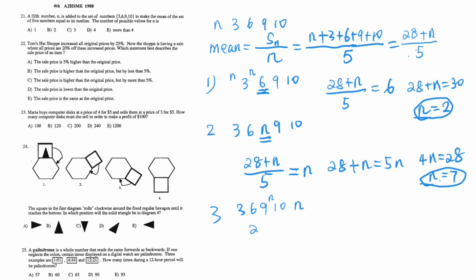So 28 plus n over 5 equals 9, and 28 plus n equals 45. n equals 17. That's case 3. So the number of possible values for n is 3. Therefore, the answer is C.